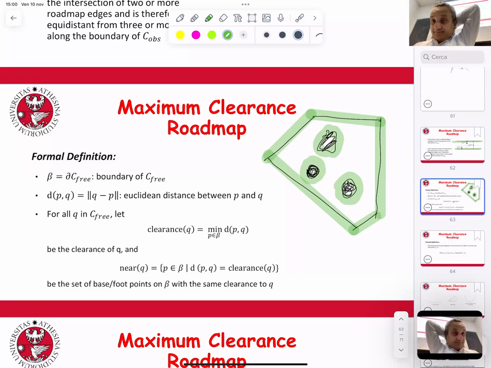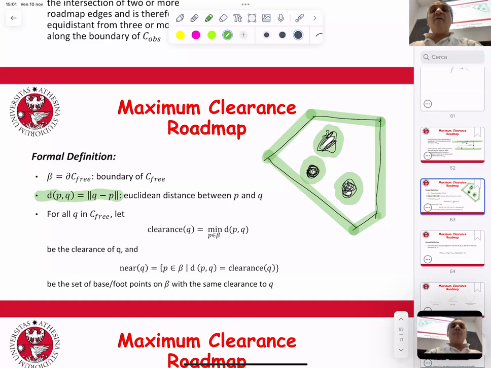So if you now define a distance d, which is the typical Euclidean distance between the 2 points, so it's the norm of the difference of the vectors.